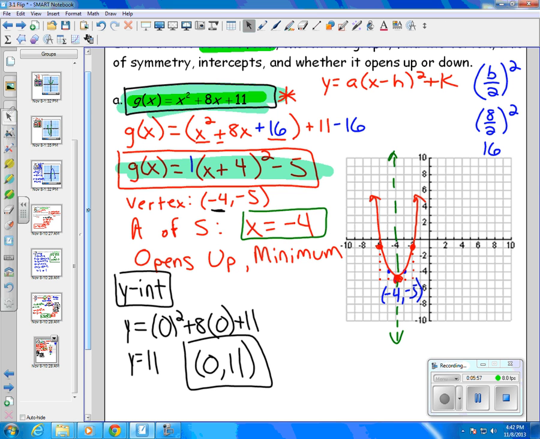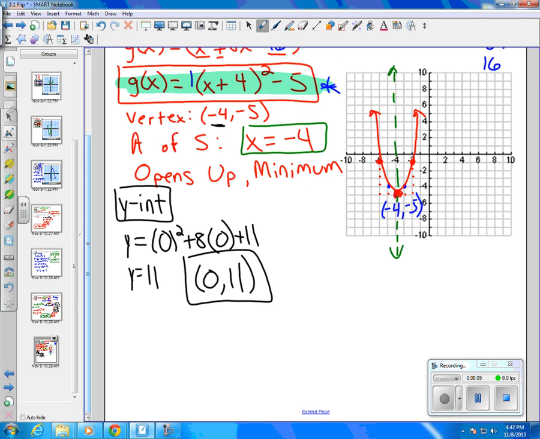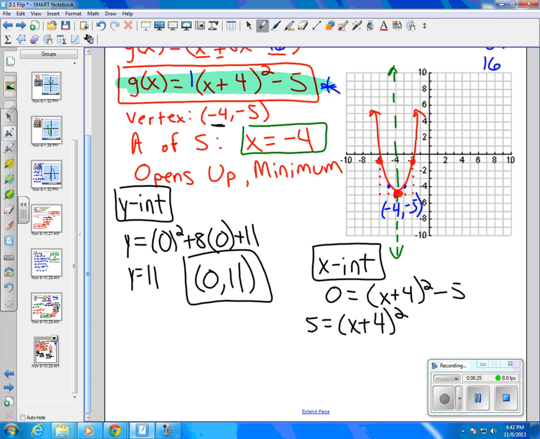I think in this case it would actually be easier to use this format and solve by extracting square roots. So if we were to do that to find the x-intercept, we have 0 equals the quantity x plus 4 squared minus 5. We would add 5 to both sides. We would take the square root, so that would give me x plus 4 equals plus or minus root 5.